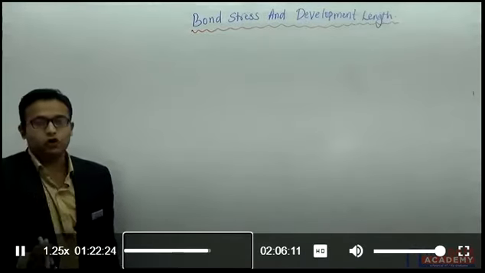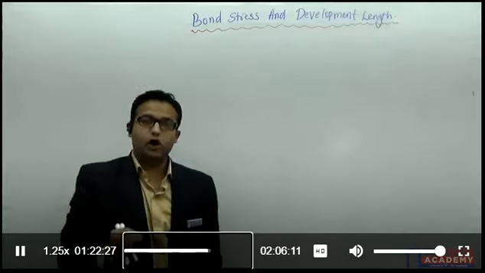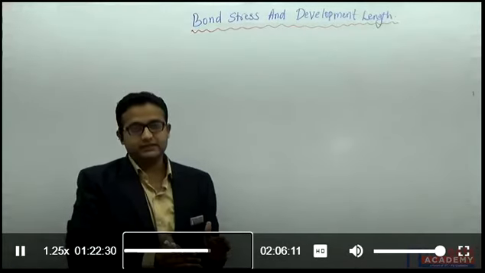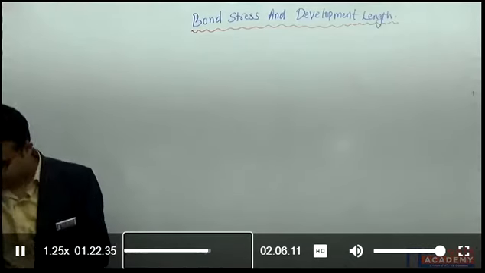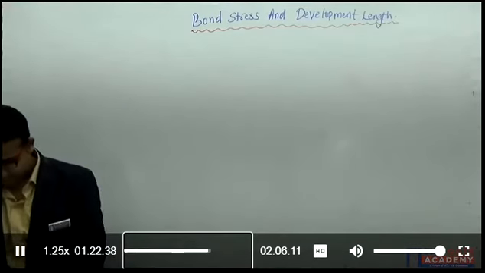We should always know that tau BD developed should be less than tau BD permissible, means stresses should be less than strength. Okay. So I have one problem. Let's solve this.